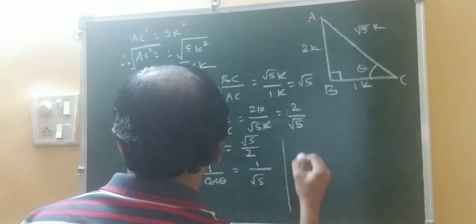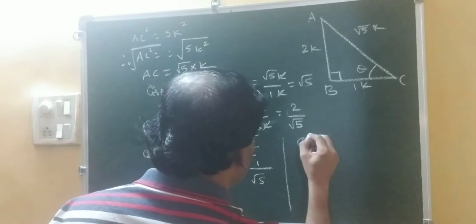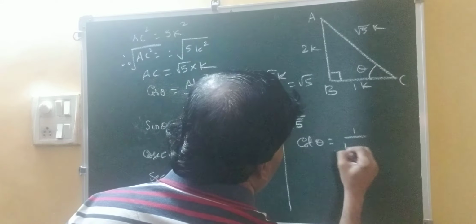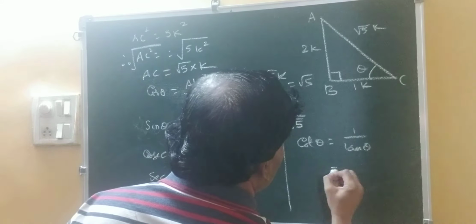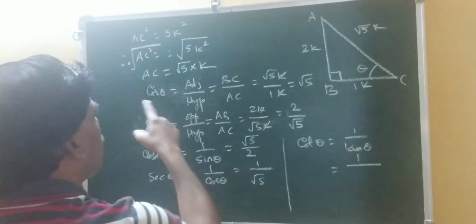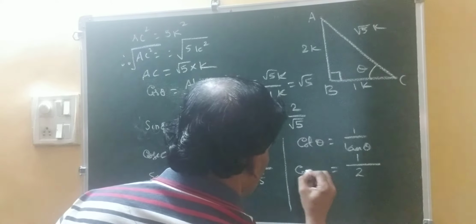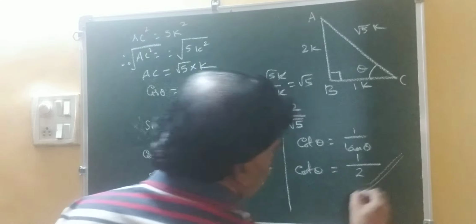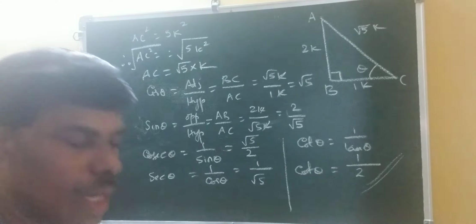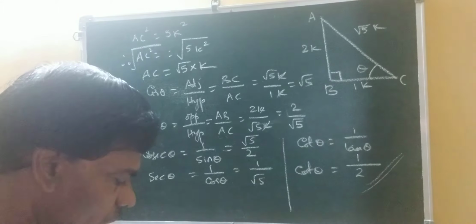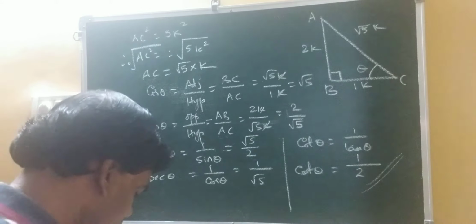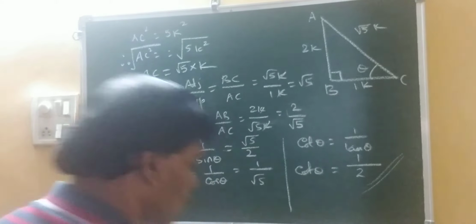Then what is cot theta? 1 upon tan theta. So it is 1 upon what is tan theta? It is given to you, 2. So all the trigonometrical ratios we could find out. Now next sum you can try, 4th sum, then we will do 5th sum.